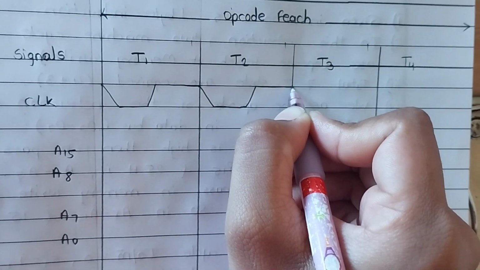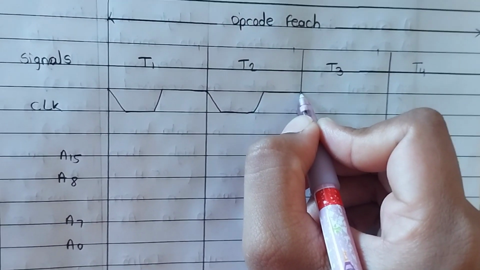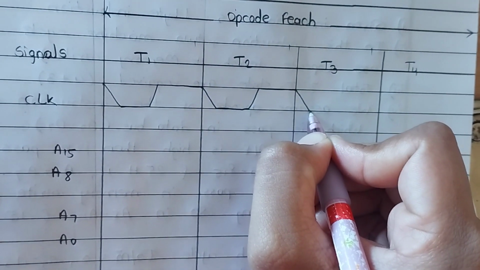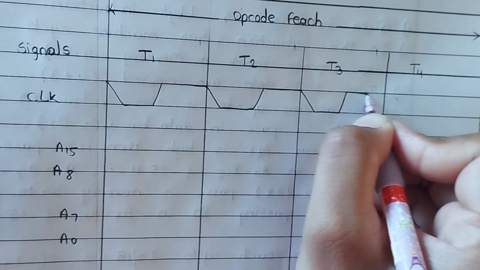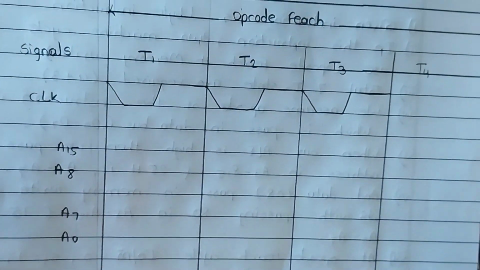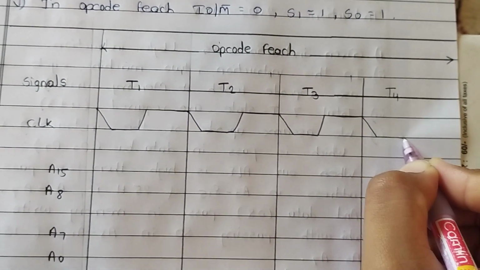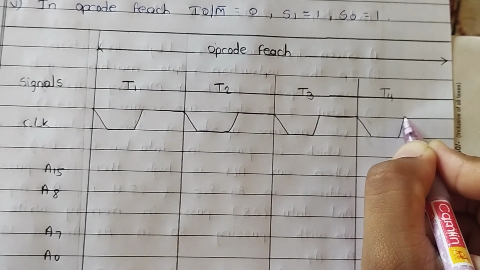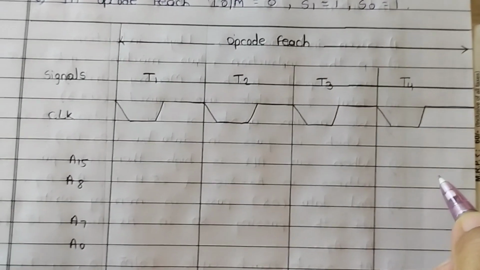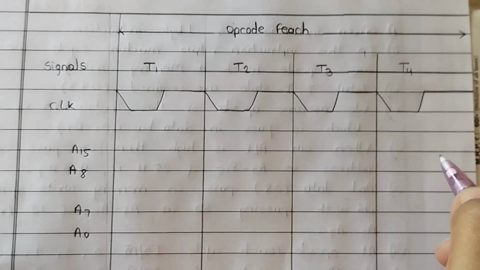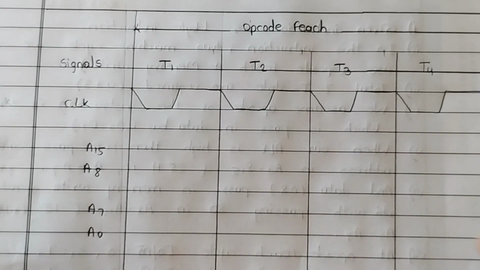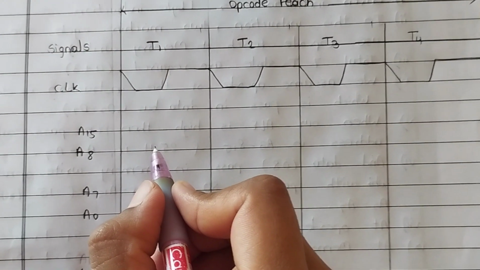All the clock cycles are drawn the same way. So first we draw the clock cycle, then we draw the address bus.